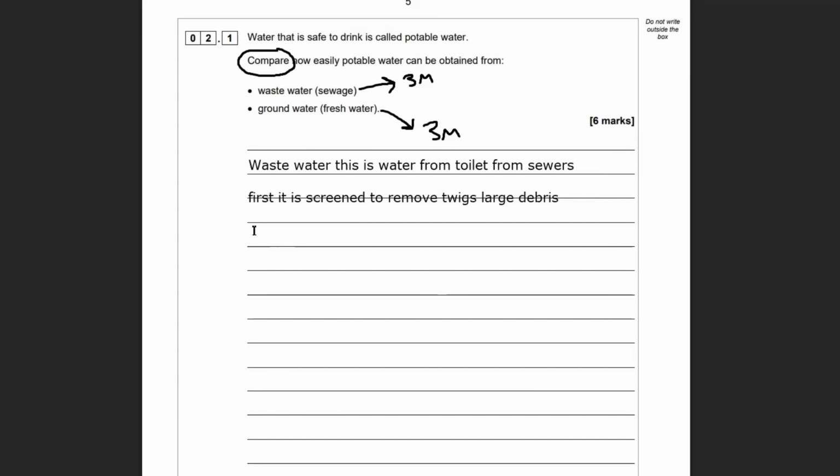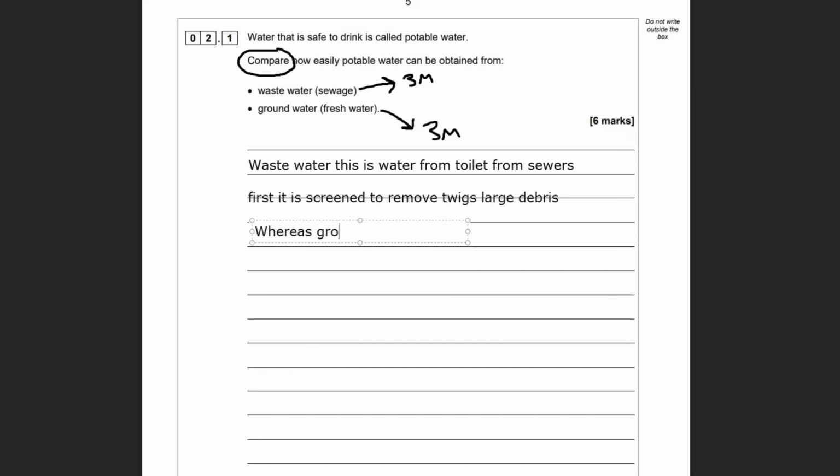What's the comparison with groundwater? Groundwater is when it's rained and you've got water sitting on the earth. We also have groundwater underground, like in aquifers and things like that. Anyway, what do we do with that rainwater basically? Well, we also have to screen it, but we don't call it screening, we call it filtration. Because we're doing a comparison, I want to use terms like whereas.